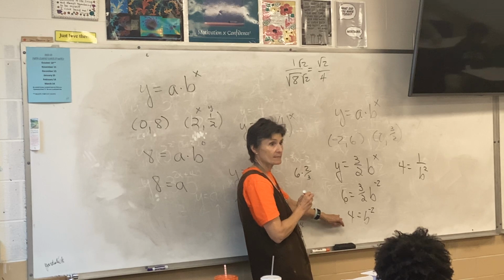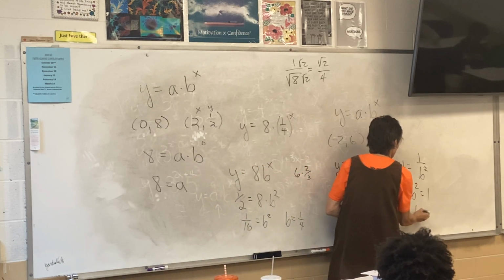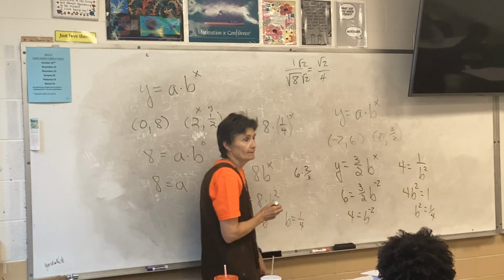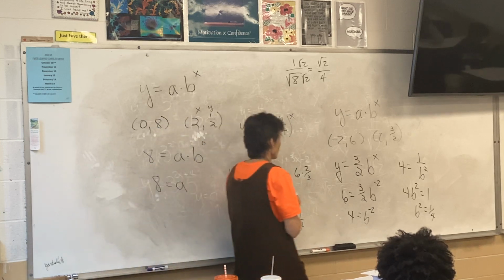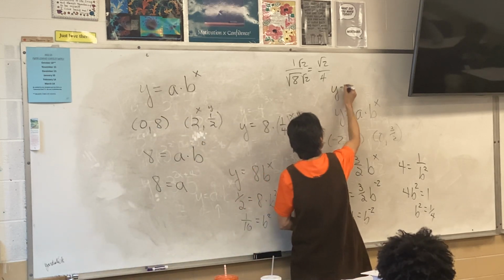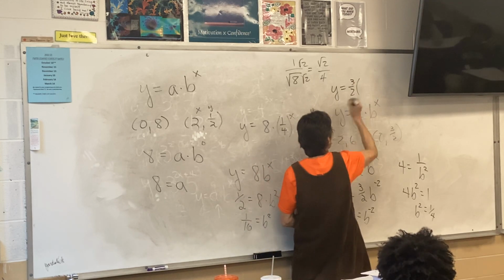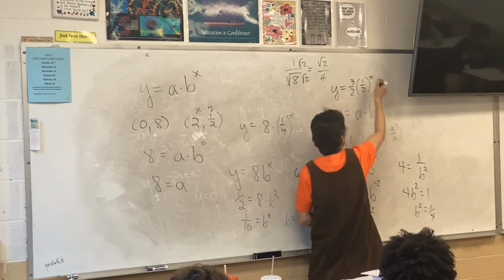You with me? I can't tell. So 4b² equals 1 and b² equals 1/4. So what's my base? 1/2. So what's my answer? Y equals 3/2 times 1/2 to the x.